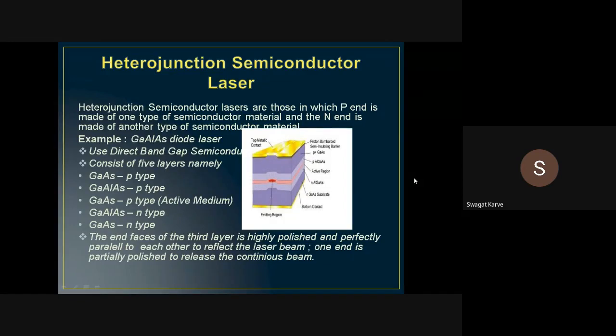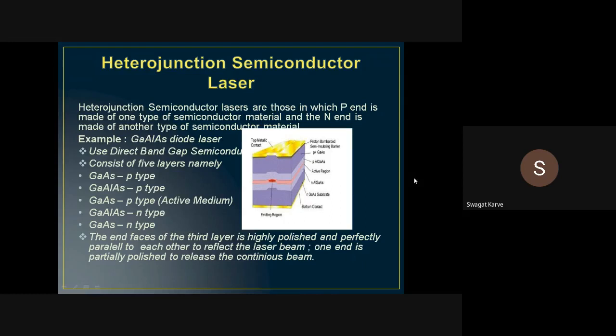As shown in the figure, first it has two p-type layers. One is highly doped, that is p plus gallium arsenide, then again p aluminum gallium arsenide. So that p and p type region forms one region, and the n type substrate forms the other region.